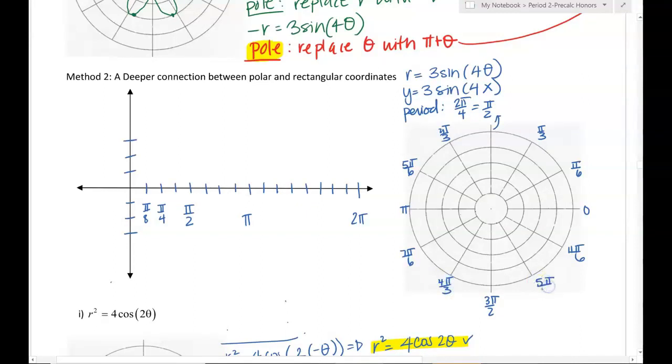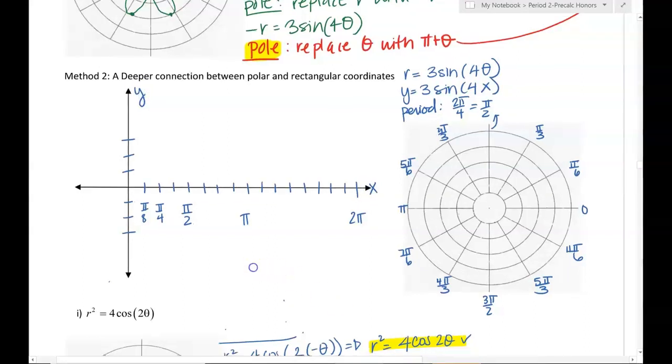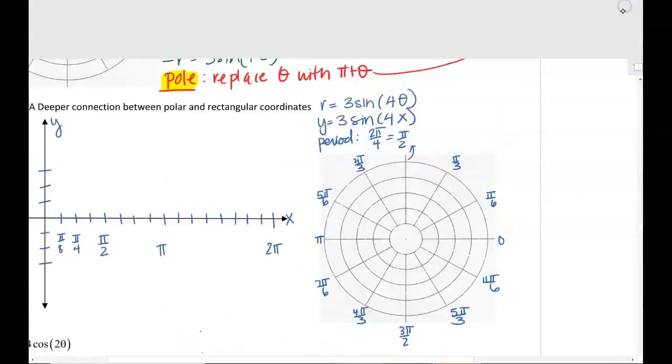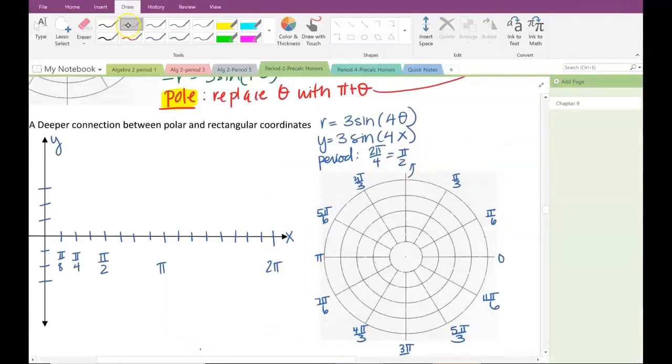Okay. Now, because each tick mark on our x and y coordinate here equates to a pi over 8, what I will also do is make a denominator of 8 for just the main ones. How about if I use a different color for that? We will go red. So this is 8 pi over 8, just like that.